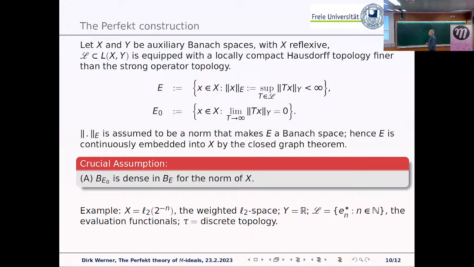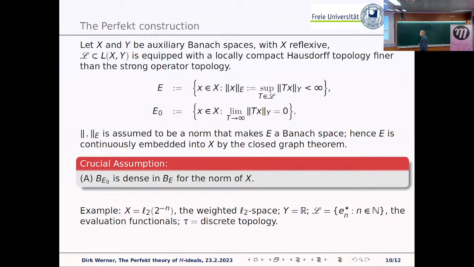So now let's try to represent this pair C naught and L infinity in this framework. And one way to do it is to look at the weighted L2 space X with weights 2 to the minus n. Y is the real line. As I said, this is quite often the proper choice. And the subset of functionals is just the evaluation functionals on this Hilbert space. The topology is going to be the discrete topology, finer than everything, so all is met.